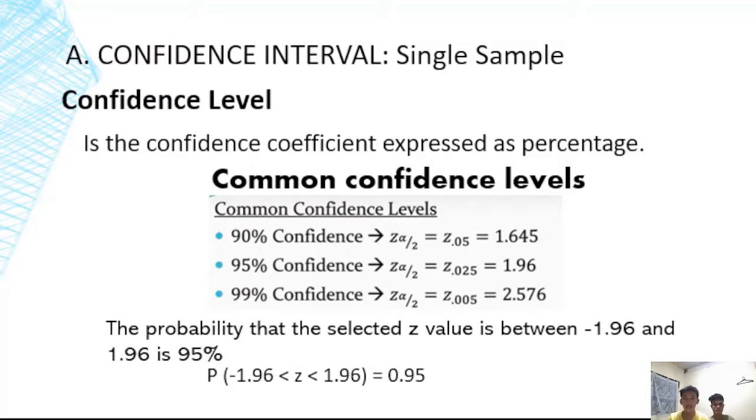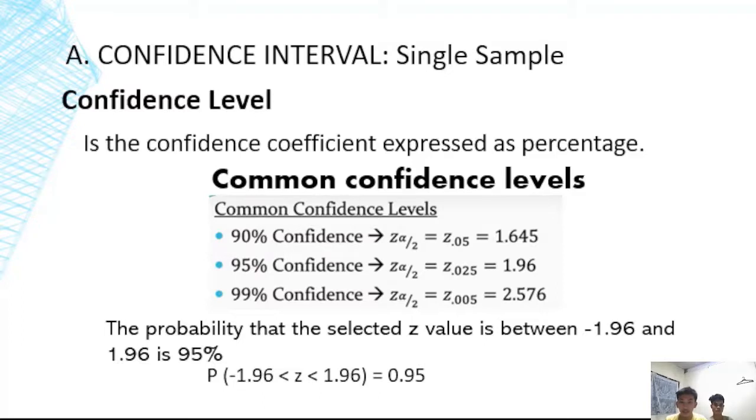These are the common confidence levels that we use. 90% confidence is equivalent to z sub alpha over 2 equals z sub 0.05 equals 1.645, and 95% confidence is equivalent to z sub alpha over 2 equals z sub 0.025 equals 1.96, and 99% confidence is z sub alpha over 2 equals z sub 0.005 equals 2.576.